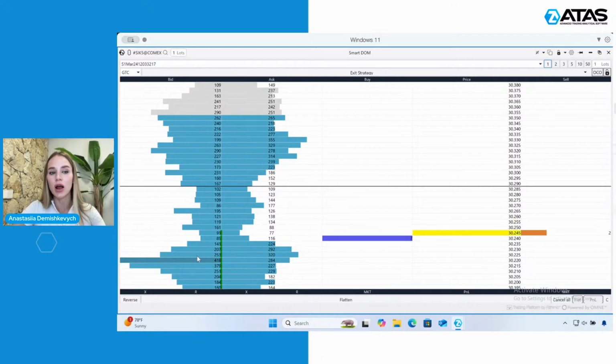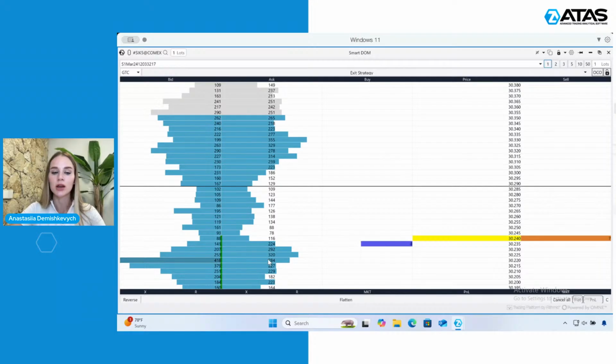You see the histogram of where the majority of bids and asks are placed, which is extremely useful. I really love this tool. It helps you to visualize these liquidity walls that we are going to be talking about, the large limit orders sitting at specific price levels.